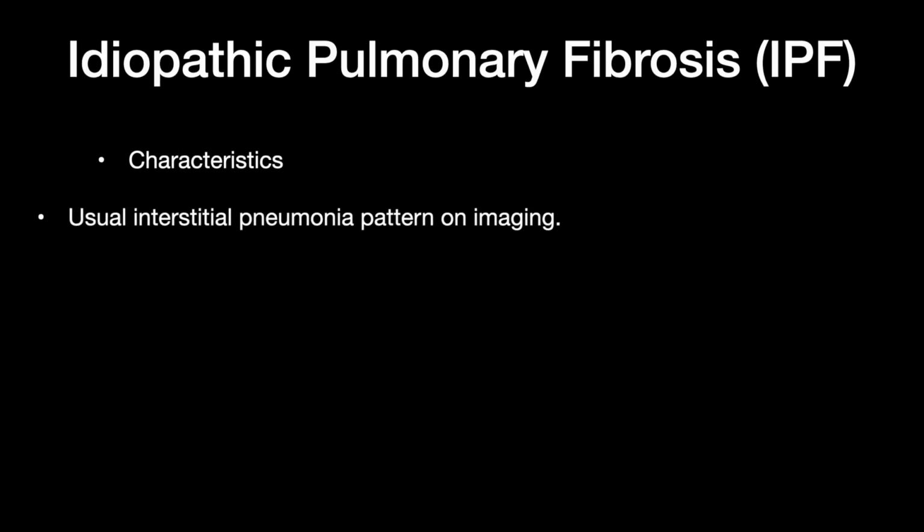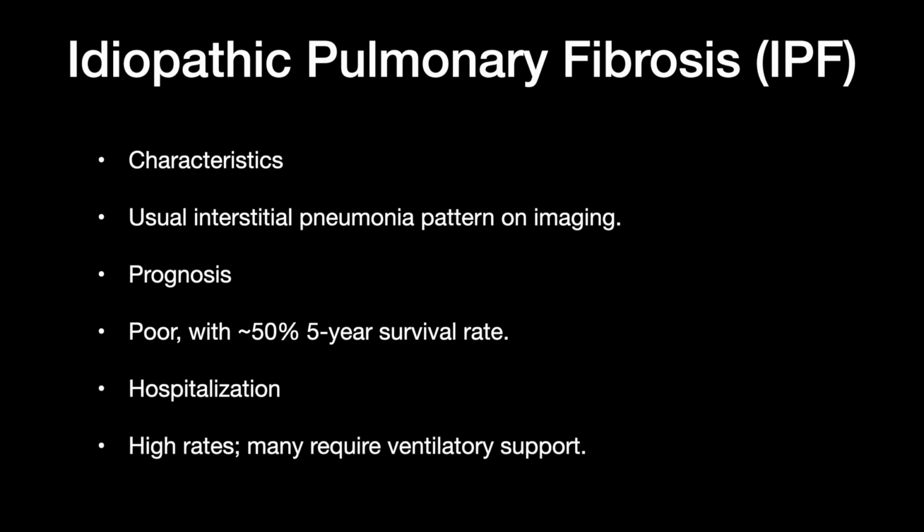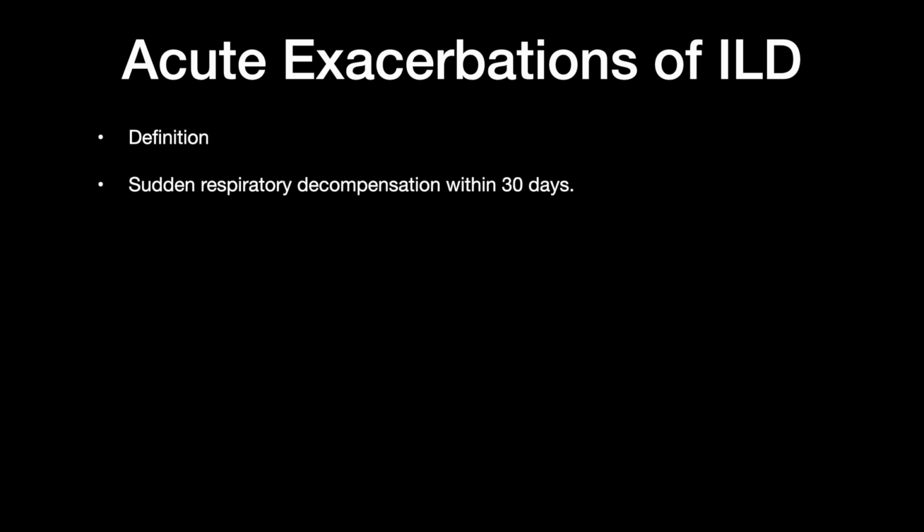Idiopathic pulmonary fibrosis is characterized by the usual interstitial pneumonia pattern, as we saw. The prognosis is poor with a 50% 5-year survival rate. And there are very high rates of admission requiring ventilatory support. Now, what is acute exacerbation of ILD? It is defined as a sudden respiratory decompensation within 30 days.